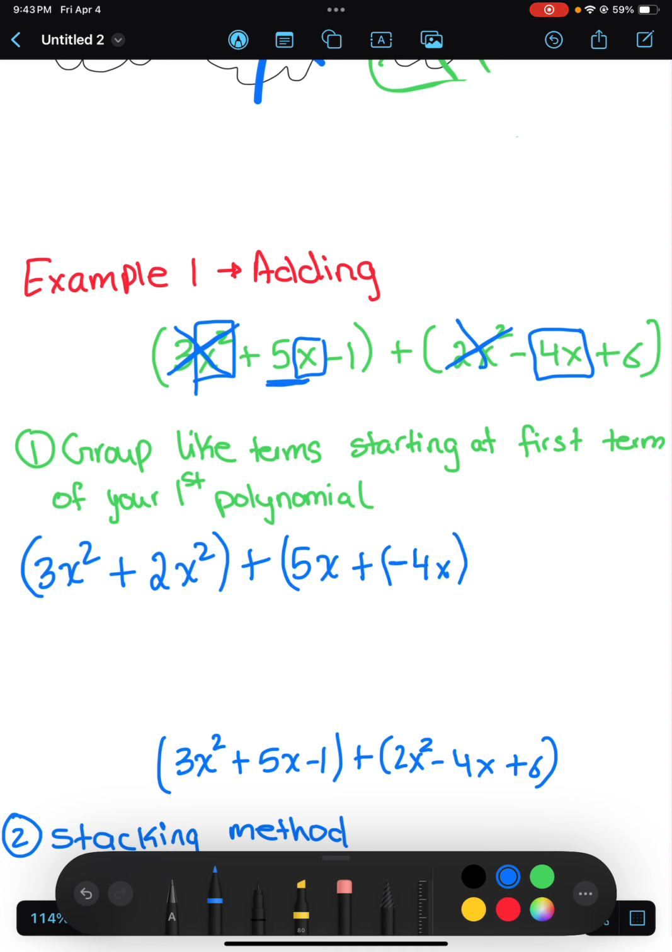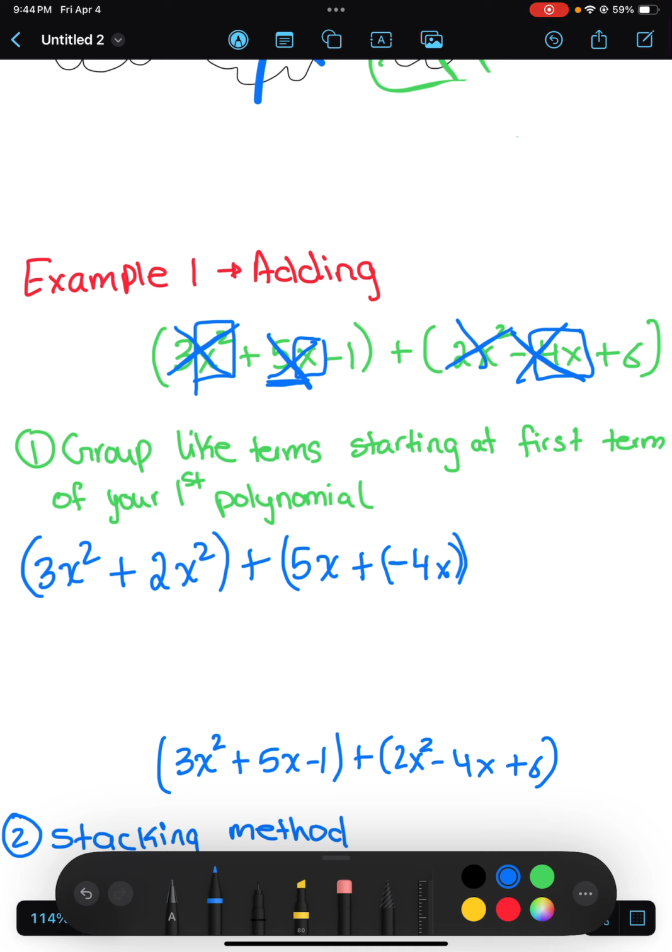Now do not let this trick you. Over here, we have a minus sign, and we cannot just take 4x and leave this minus sign here. We have to take it with us. So this minus sign is actually attached to the negative 4, which is why there is a minus sign over here. So that's done.